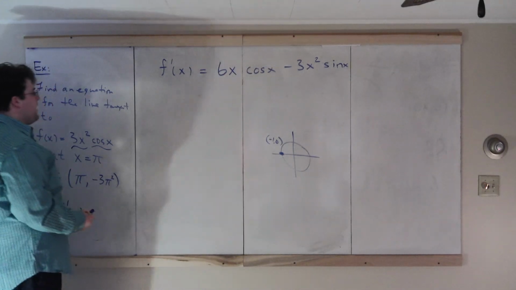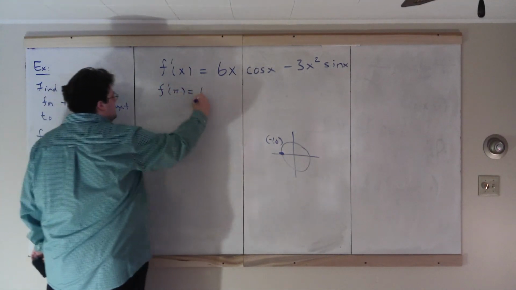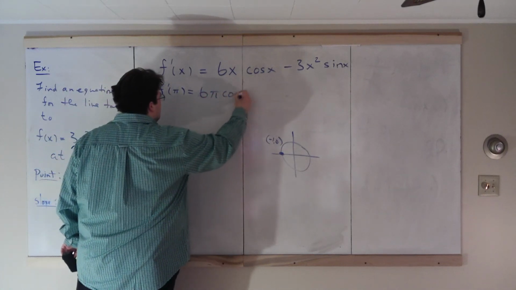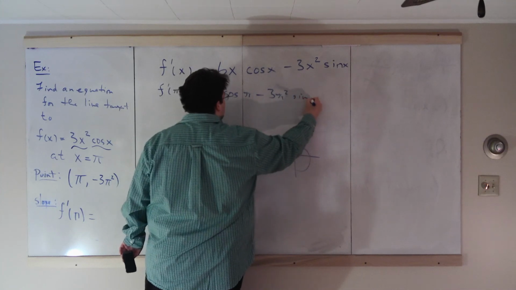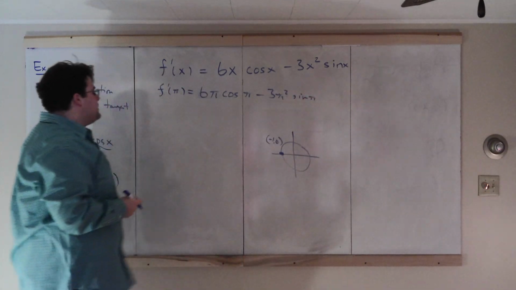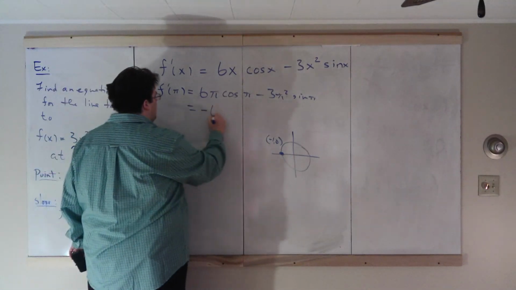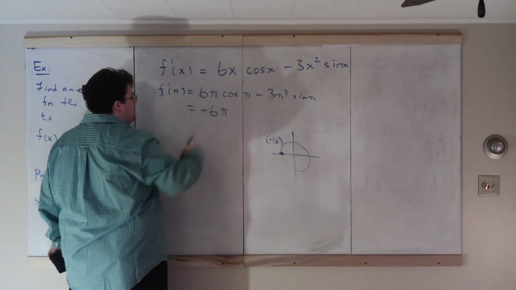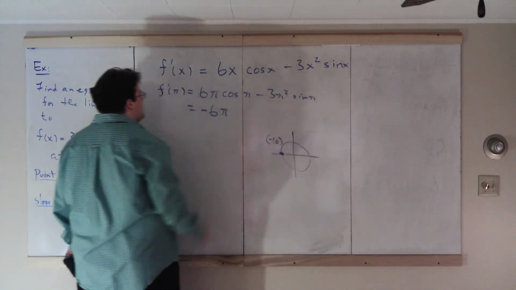So we have derivative of 3x squared is 6x, derivative of cosine is negative sine. So f prime at pi is what? Well, it's 6 pi cosine pi minus 3 pi squared sine of pi. I left that there for a reason. Cosine of pi is negative 1. So this piece is negative 6 pi. Sine of pi is the y value. Sine of pi is 0.